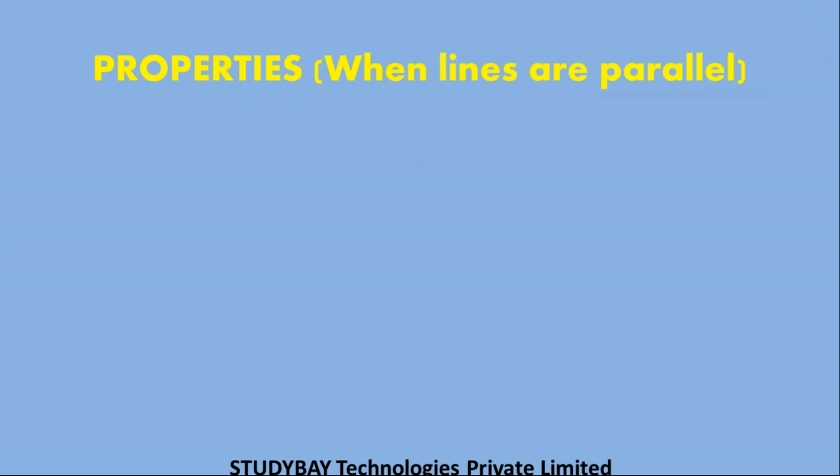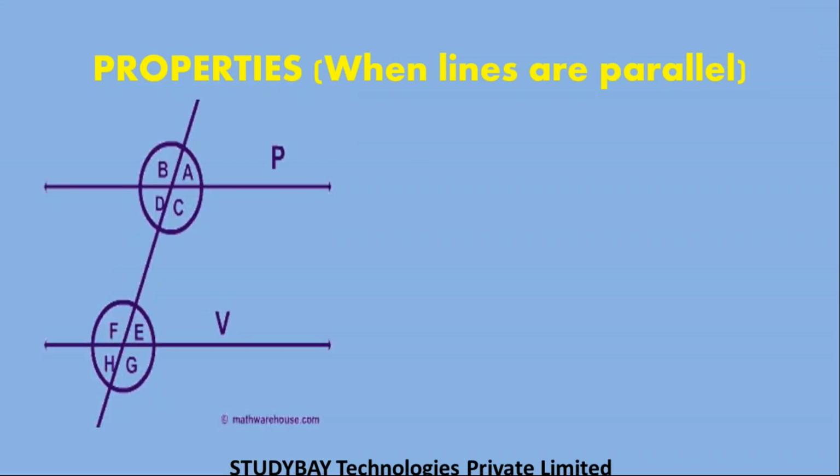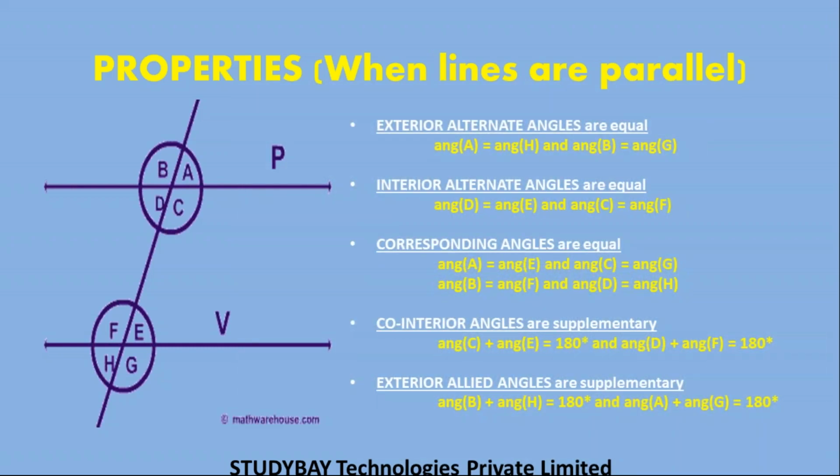Now, when lines are parallel, let's find out the properties. Let's say we have two lines P and V, and we have angles A, B, C, and D, and at the bottom part we have angles E, F, G, H. A few points I would like to share with you.